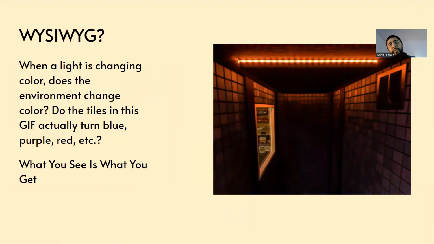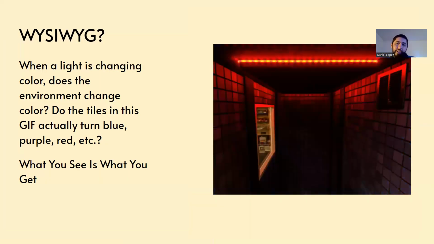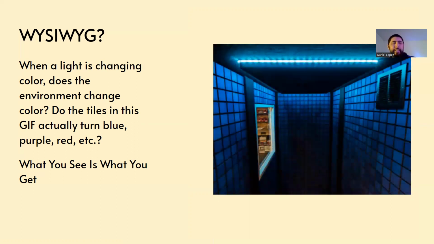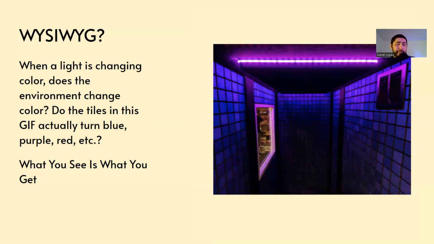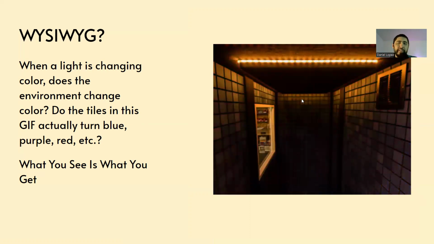Okay, so let me make sure. In this scene you can see the colors changing. So do the tiles change color? It depends if you want to talk about observed color or local color. In local color, it might be just a plain gray. But under observed color, when it has this red tint, we might see it as red.